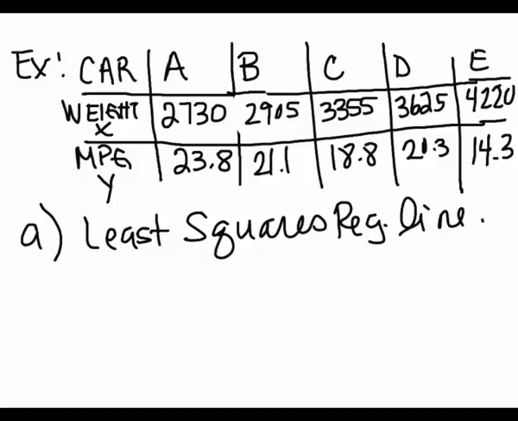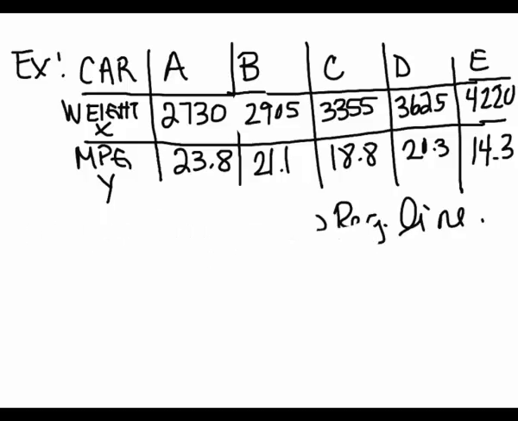Okay, the first thing I'm going to do, now that you know that we're going to find the regression line first, is we need all of these variables. Look back to what we need. We need R, we need Sx, we need Sy, we need the means for X and Y. So let's find R first since that's the hardest thing to find. So I'm going to come over here and add some columns.